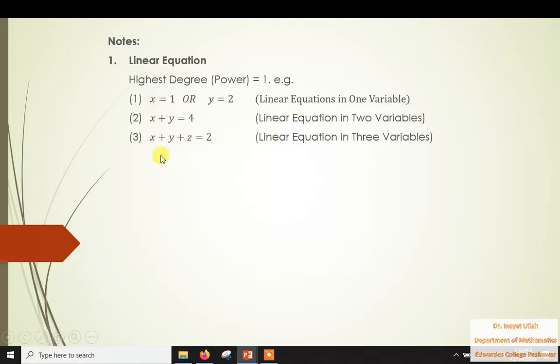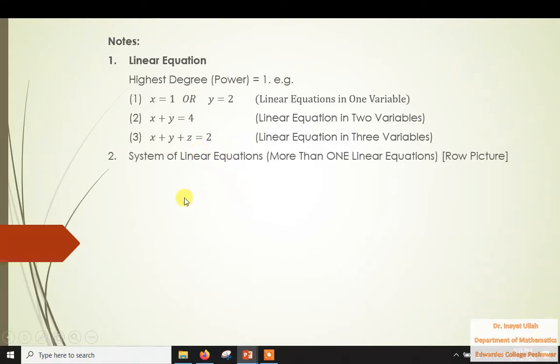Similarly, this third equation is a single equation in which three variables are involved, and the powers of these variables are 1. So this is a linear equation in three variables x, y and z. This is how we understand the idea of a linear equation.